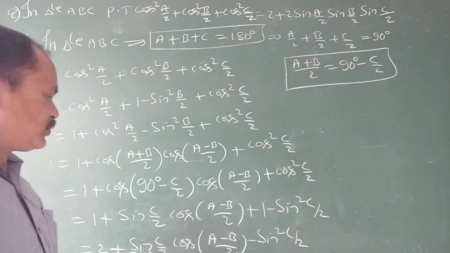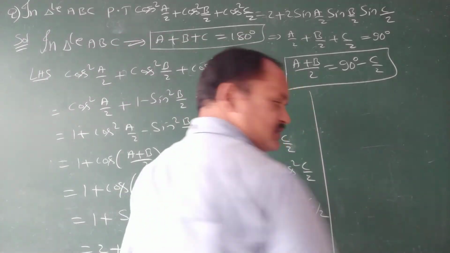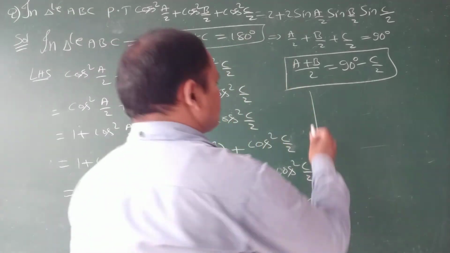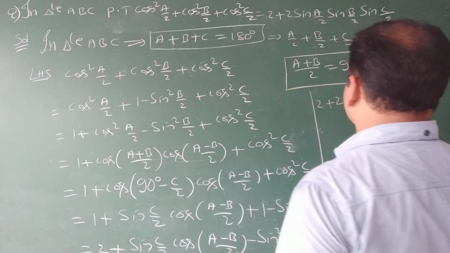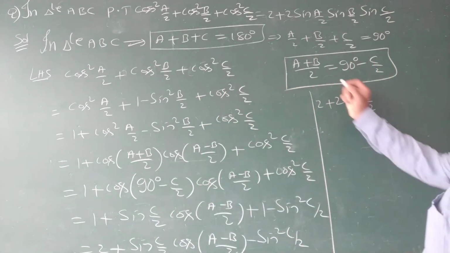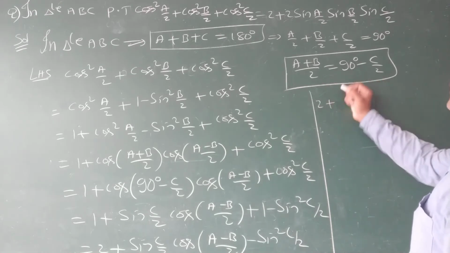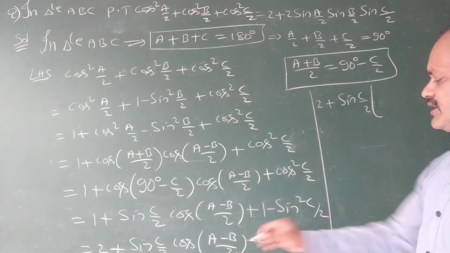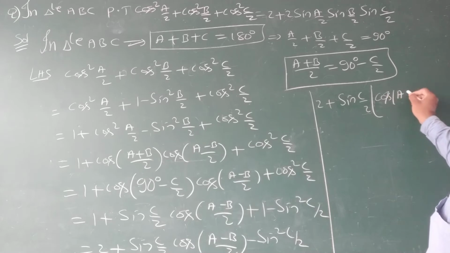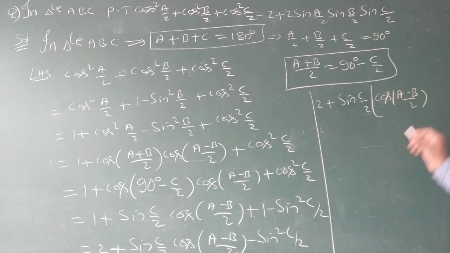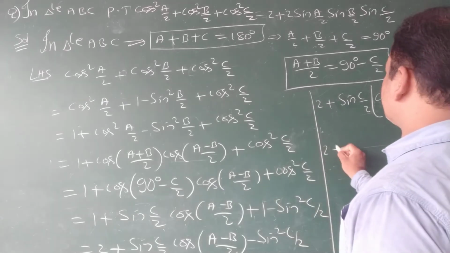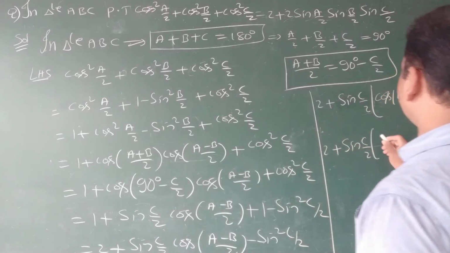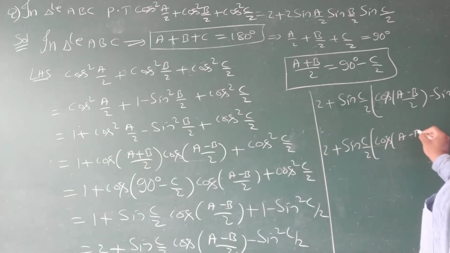Now we have to take common. Here sin C by 2 is common, that is 2 plus sin C by 2 into, in bracket, cos of A minus B by 2 minus sin C by 2.